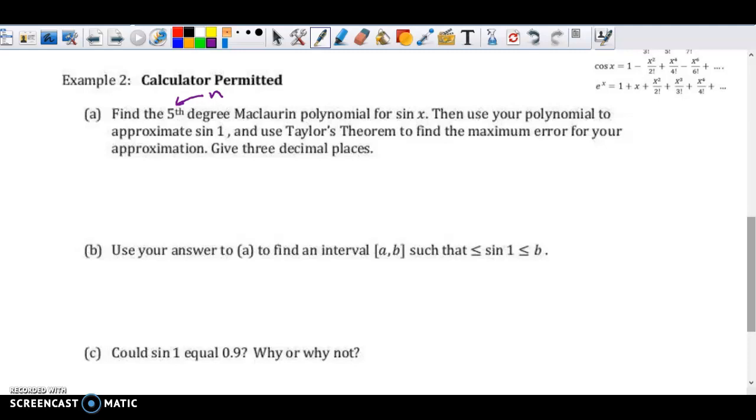Okay, so first of all, we're talking about sine, and we know the Taylor polynomial for that is x minus x cubed over 3 factorial plus x to the 5th over 5 factorial, if we're doing a fifth degree. So we don't have 5 pieces, but remember those pieces in between, they zeroed out. So we actually do have all 5 degrees here.